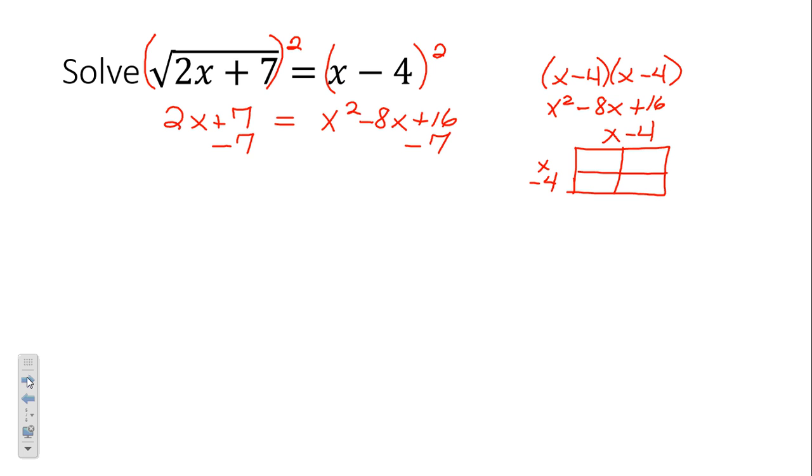Move the 2x over too. Because we can only solve these things if it's a 0 on the one side. So there's lots of things that multiply to get 2x plus 7. But there's a very limited number of things that multiply to get 0. So we'll have an x squared minus 10x, and 16 minus 7, bless you, 9. Positive 9, so plus 9.